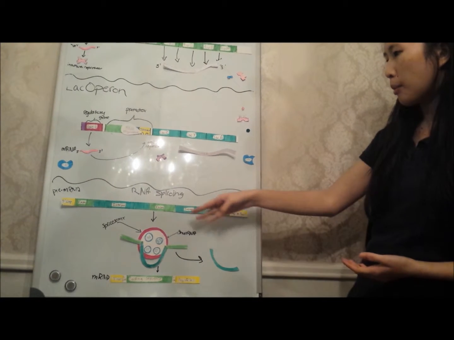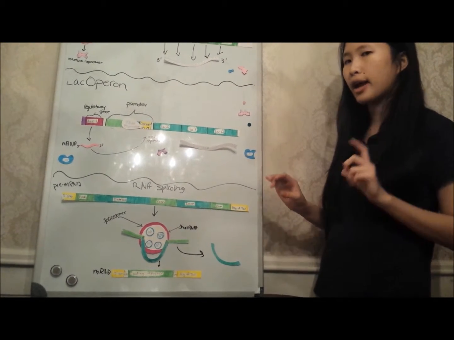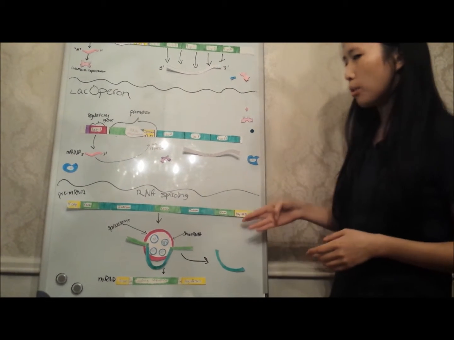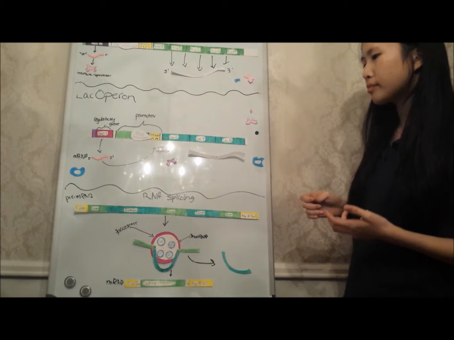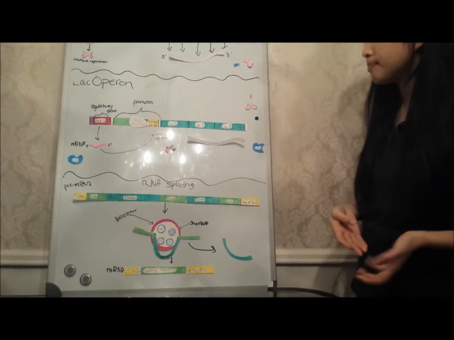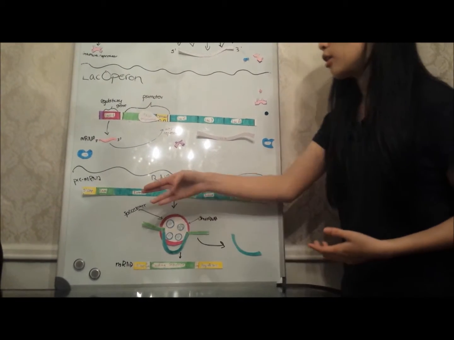Pre-mRNA also has the poly-A tail, which is just a string of adenine nucleotides that act as a buffer in the cytosol to prevent the genetic material once again from being eaten away before it can be translated. And pre-mRNA also consists of exons and introns.